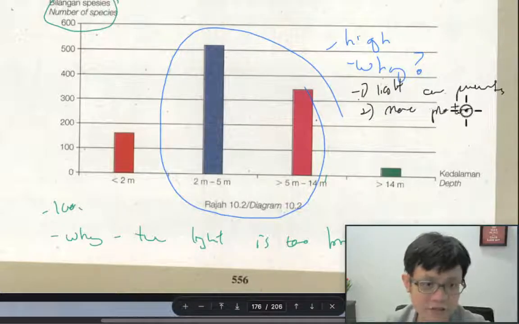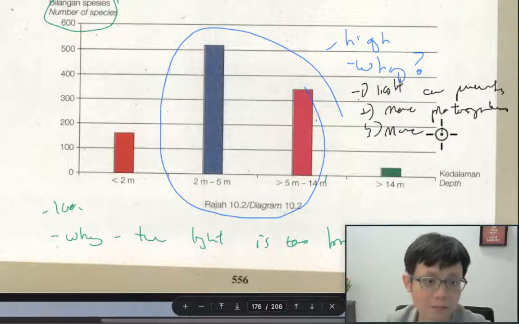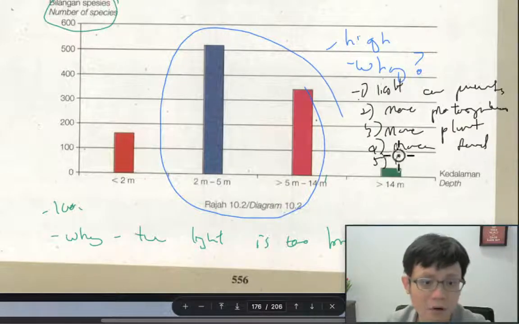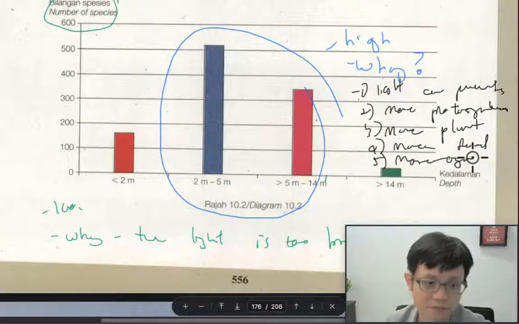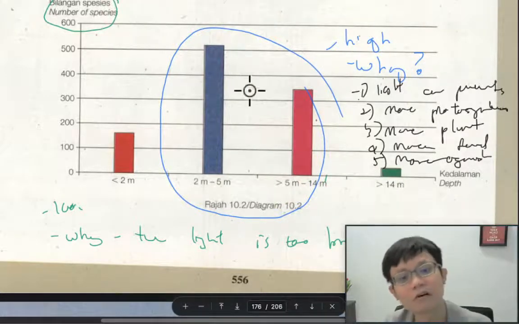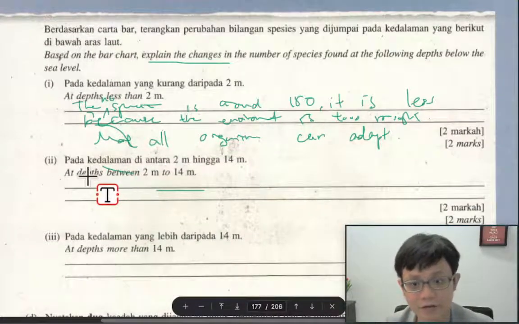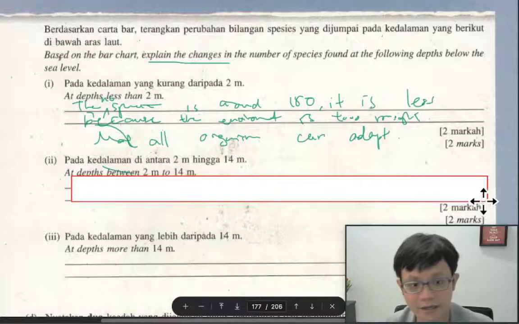If you want to say photosynthesis also is good. More photosynthesis means more plant. More plant means more food. More food means more organism. It makes sense. Got light, then got photosynthesis, got plant, so all I need to do is just to write it down. I just type, because usually I can type faster.